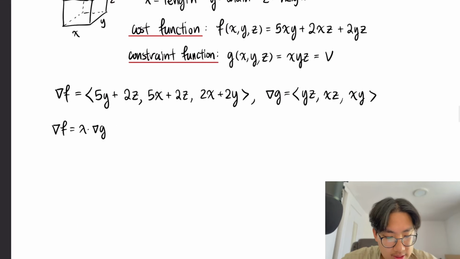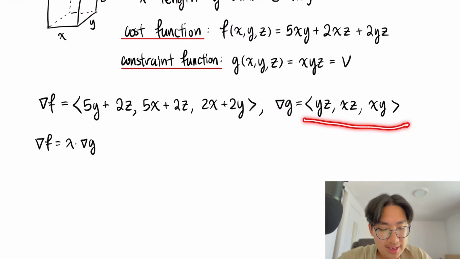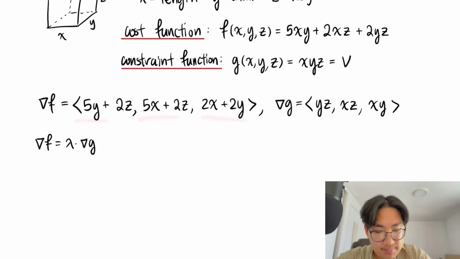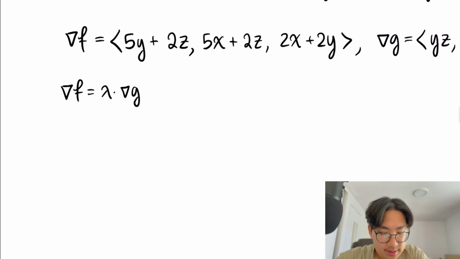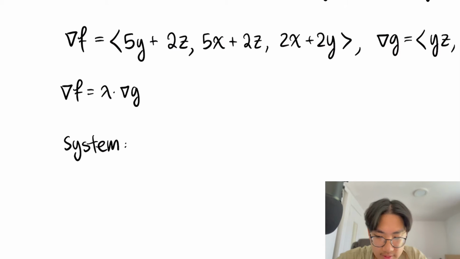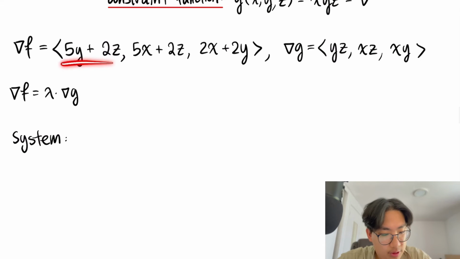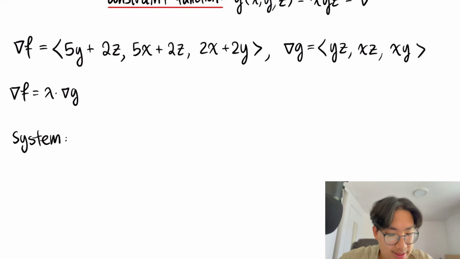So if we're equating these, we're simply multiplying del g by lambda and equating it component-wise. So we then have the following system.